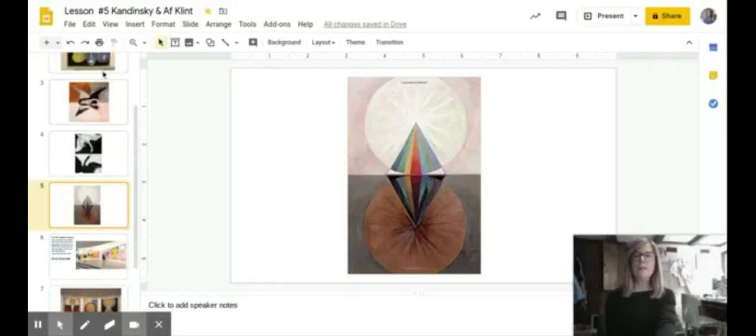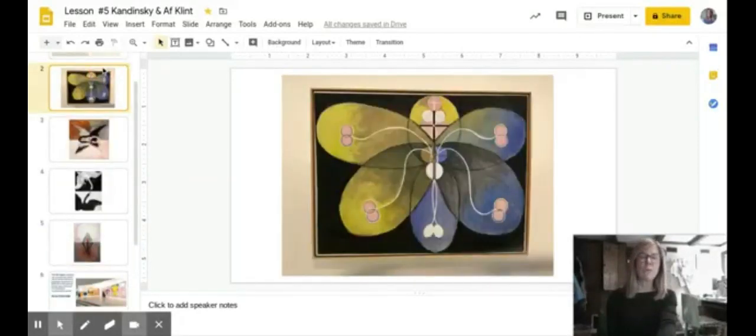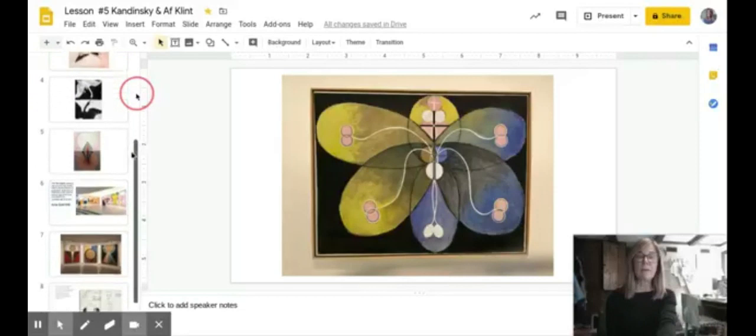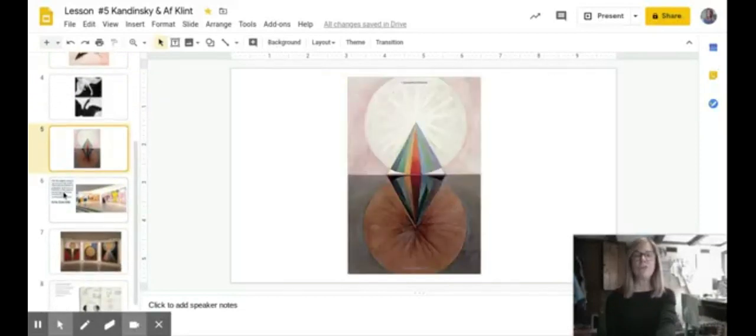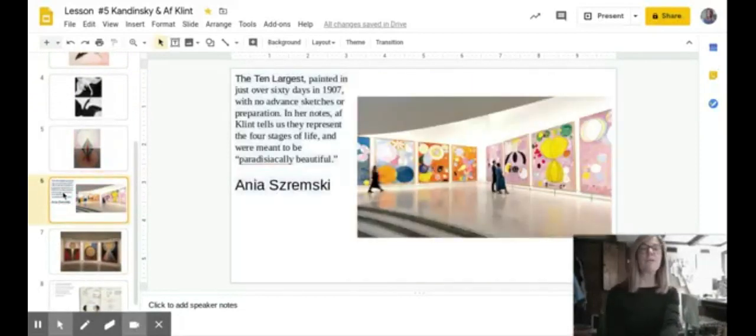So if we look at the first one that I showed you, this was really out of the norm. She was the only one. And she says that she was being told. I wanted to share this one in particular with you because she called these the 10 largest, and they were painted in 60 days. Now just look at how large they are, because you can see these are people.